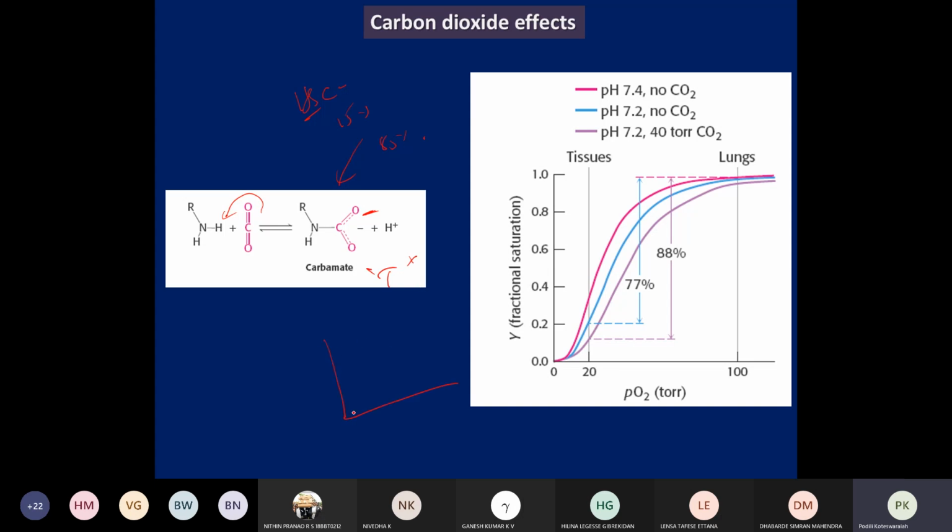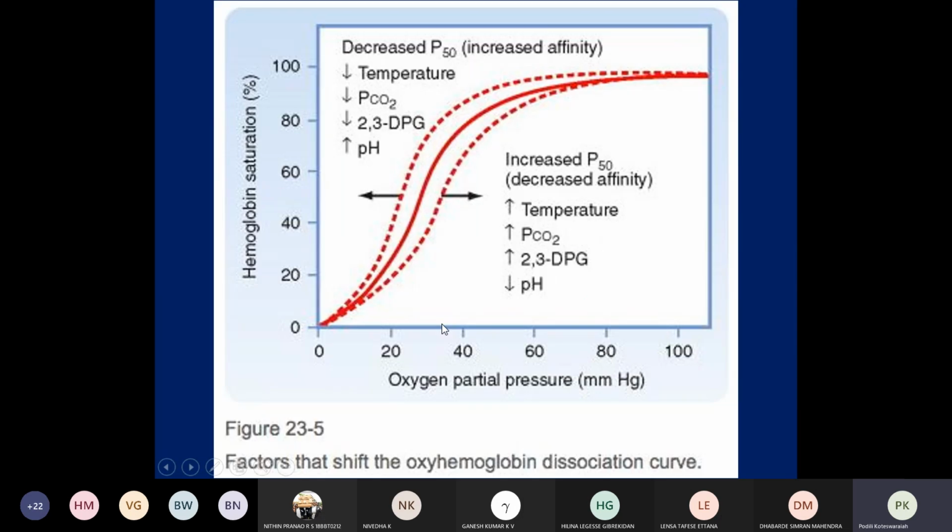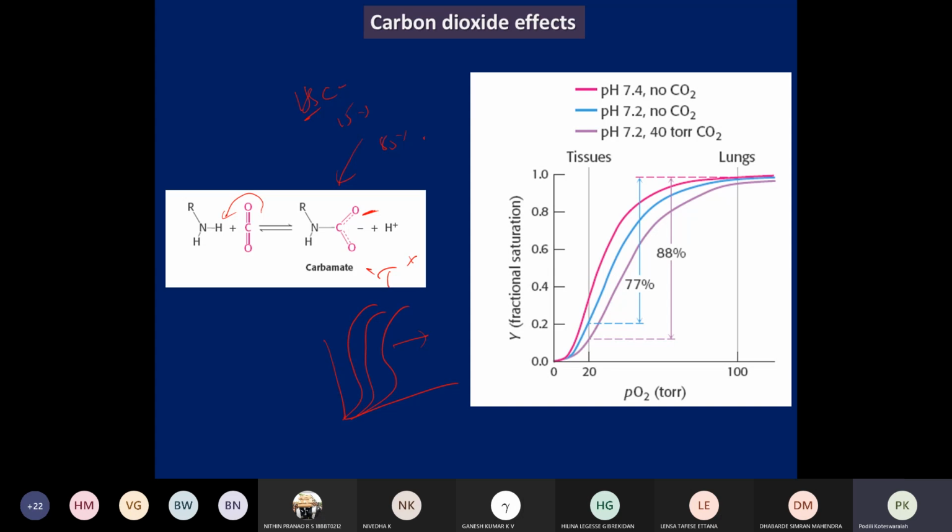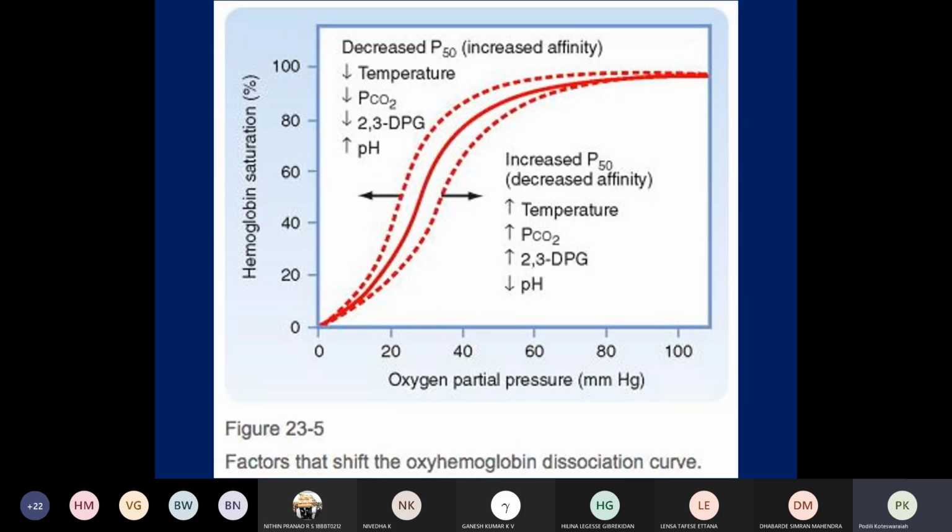Therefore, with increasing carbon dioxide concentration, the O2 dissociation curve moves towards the right. That means with increasing carbon dioxide concentration, the hemoglobin affinity towards oxygen again reduces. And in addition to the pH, 2,3-BPG and the carbon dioxide, there are many other allosteric effectors that also influence the hemoglobin affinity towards oxygen.